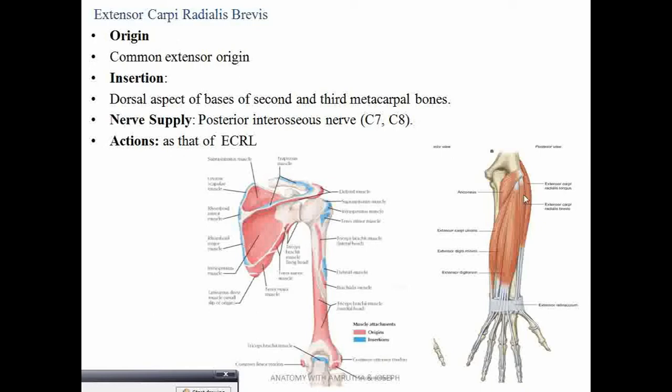Insertion, dorsal aspect of the base of the second and third metacarpal bones. Nerve supply is by the posterior interosseous nerve, a branch of the radial nerve. Action is similar to extensor carpi radialis longus in that it causes extension of the wrist.